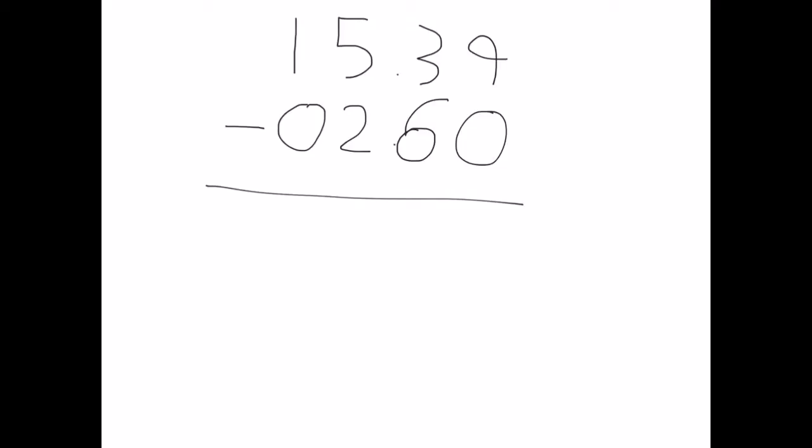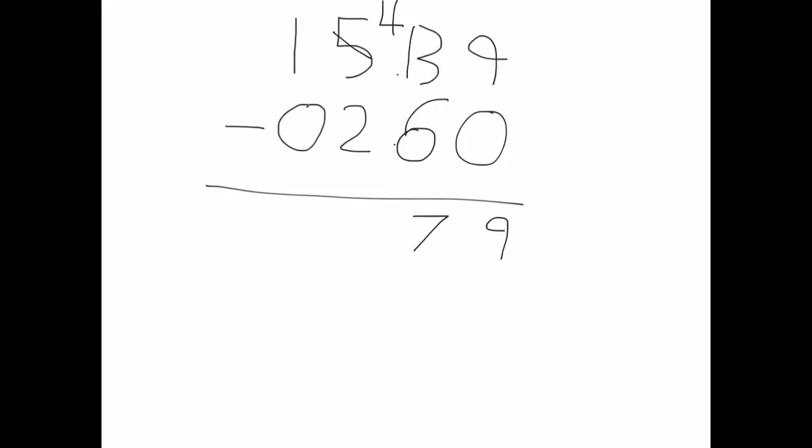So 9 minus 0 is 9. Then you can't subtract 3 from 6. So then you're going to have to carry, making that 5 a 4, and make the 3 a 13. So 13 minus 6 is 7.